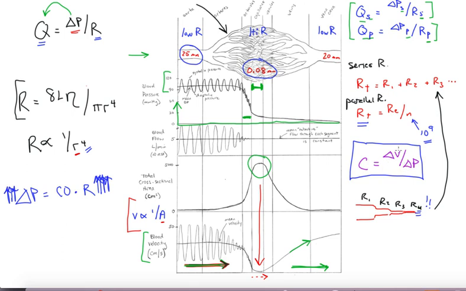It's the change in volume at a given change in pressure. So if compliance is high, we get a large change in volume at a change in pressure. Veins have high compliance because they quote unquote give easily. If we put a lot more blood flow into the venous circuit, it accommodates it well.